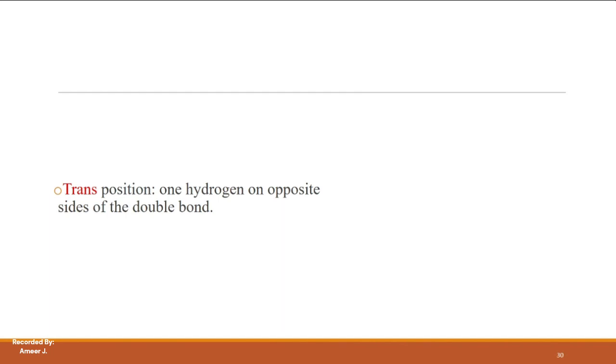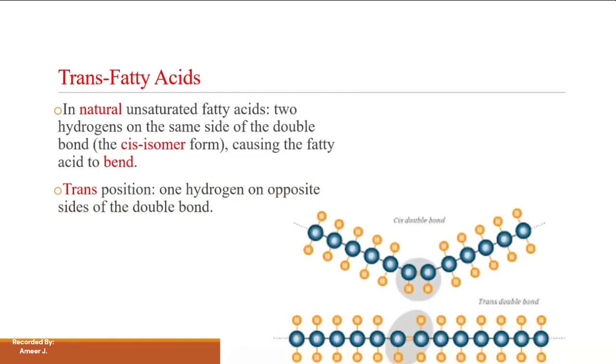In fact, the difference between the cis form and the trans form is found in the position of a hydrogen atom in the double bond. As you can see in the figure, in the trans position the hydrogens are on opposite sides of the double bond.